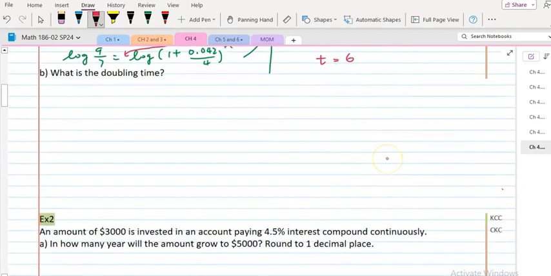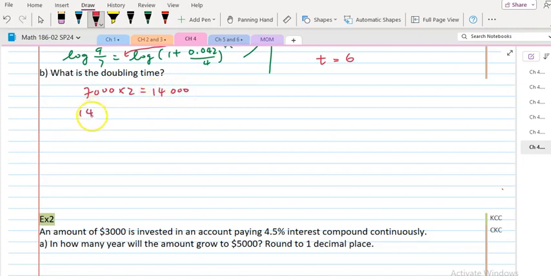Okay, so what's the doubling time? Because when you tell people 4.2%, it is not very concrete as to how things grow, but if you tell people that it doubles in that many years, it is very concrete. So we would say doubling is 7,000 times 2, equal to 14,000.